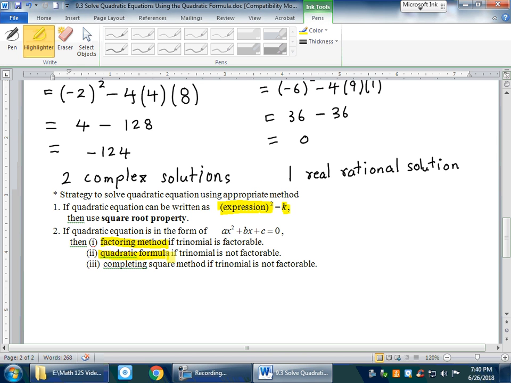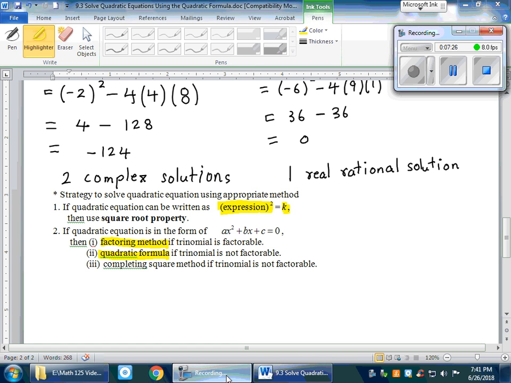Completing the square method should be the last choice because it is a longer process. Okay. So on the test, read the questions carefully. Do I ask for a specific method or not? If it is not, you're going to use this strategy to solve the quadratic equations. This concludes the session.